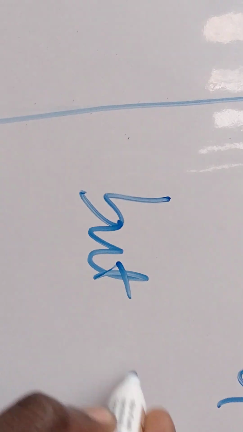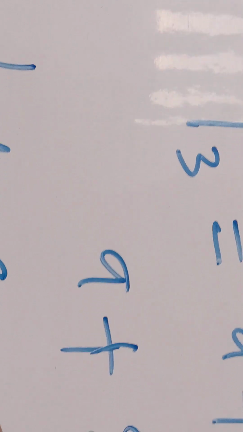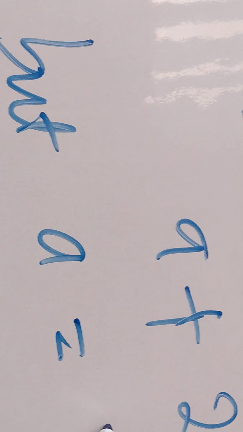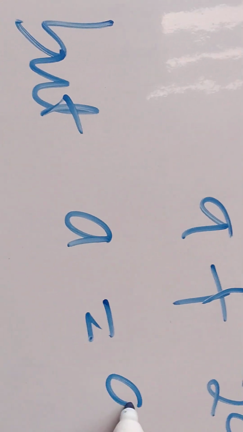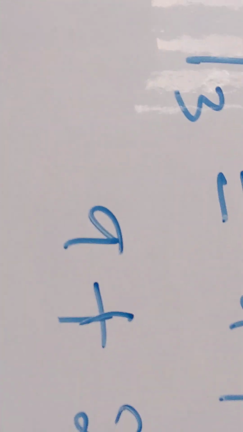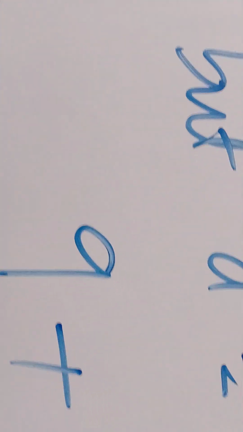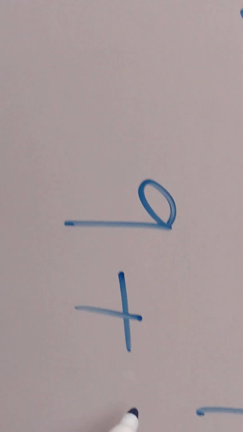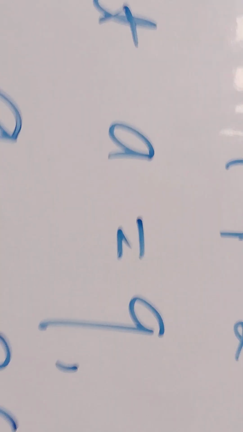Now, our first term A is equal to 9 and our common difference is 4. So if I put it into this equation, the equation now changes to 9 plus 2 times D, and D there is 4.